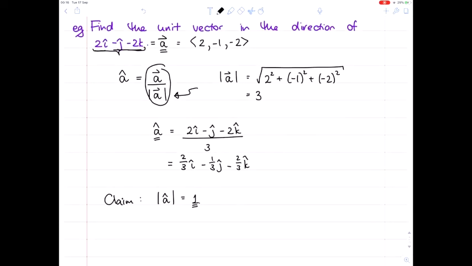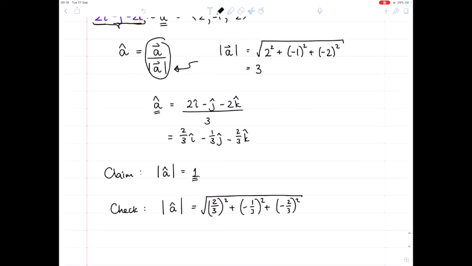Well, let's just quickly check. We know that the length of any vector is the root of the sum of the squares of the components. So we've got 2/3 all squared plus minus 1/3 all squared plus minus 2/3 all squared. And if you do this multiplication, you'll see we've got 4/9 plus 1/9 plus 4/9.